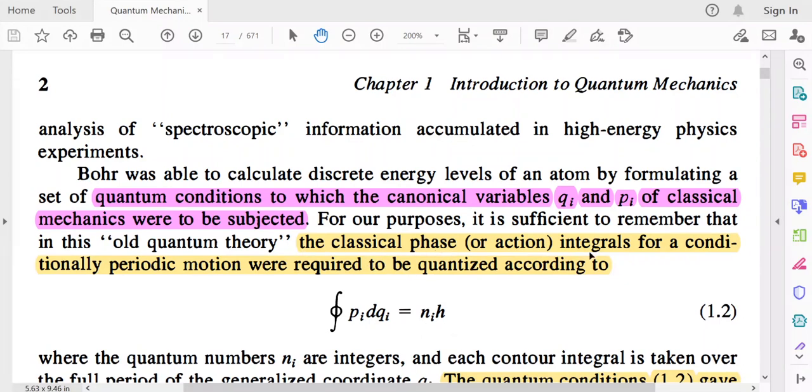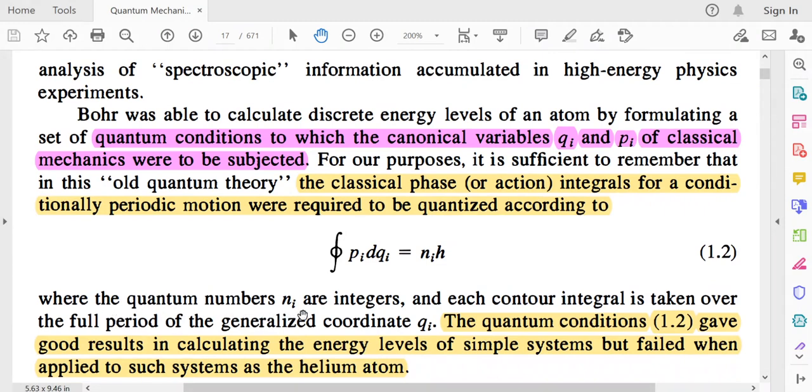The classical phase integrals for a conditionally periodic motion were required to be quantized according to the closed integration of pi dqi equal to ni h. So this integral is known as the phase integral or action integral, where the quantum numbers ni are integers. ni can take only integer values, and we all know about h. h is the Planck's constant, and each contour integral is taken over the full period of the generalized coordinate qi.